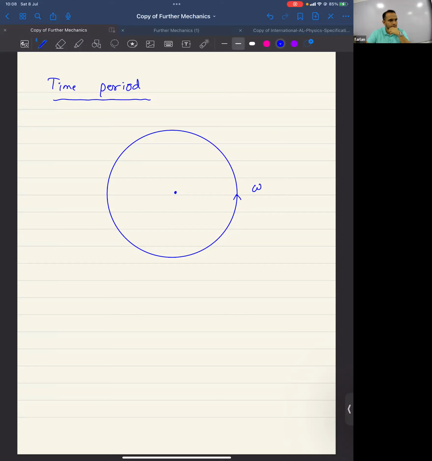Okay. Right. So guys, let's say there's an object which is moving in a circular path with an angular speed omega. Let's say it takes a time capital T to make one complete round. So if I use omega equals theta over t, when it is making a complete circle, what is the angular displacement it's making?